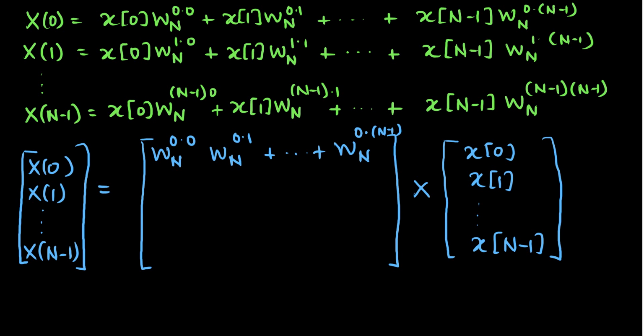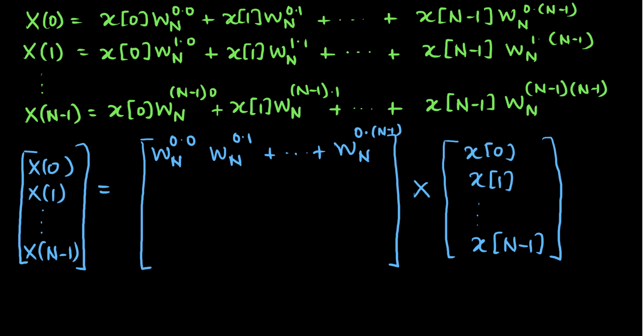So if we consider the matrix multiplication, it would be row into column. So it would be Wn to the power 0 into 0 times x of 0 plus Wn to the power 0 into 1 times x of 1 and so on, then Wn to the power 0 into n minus 1 multiplied by x of n minus 1, and that would correspond to the value of X of 0.